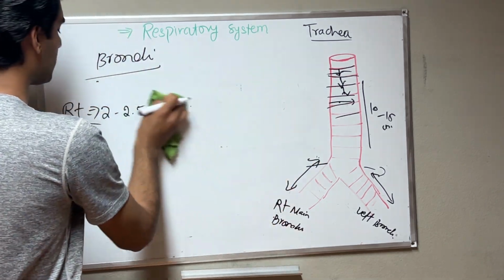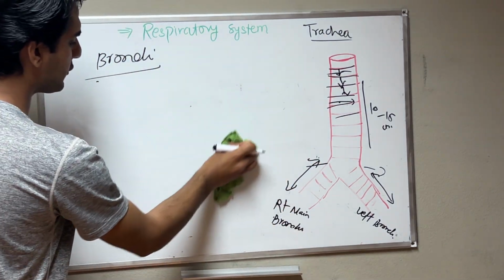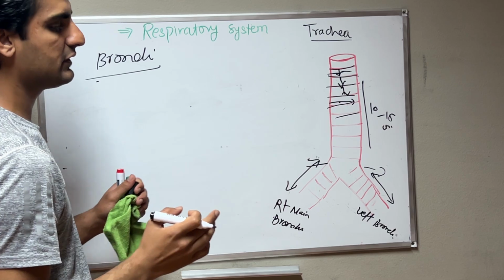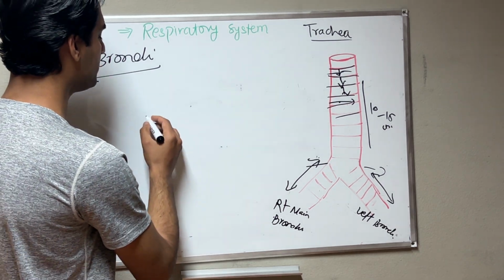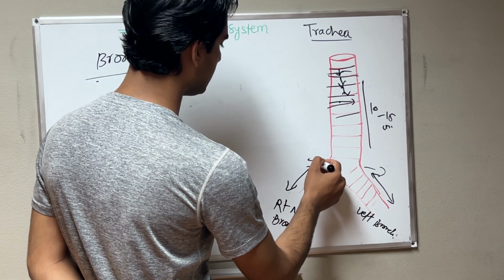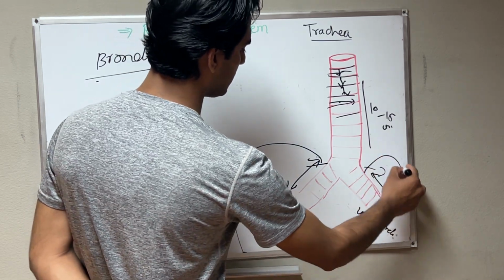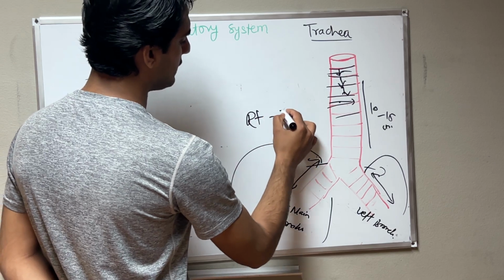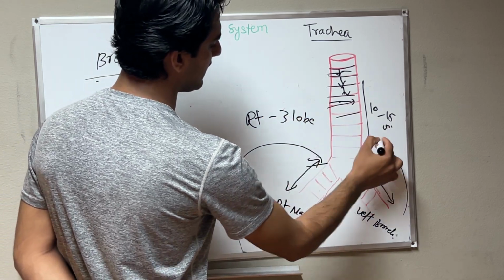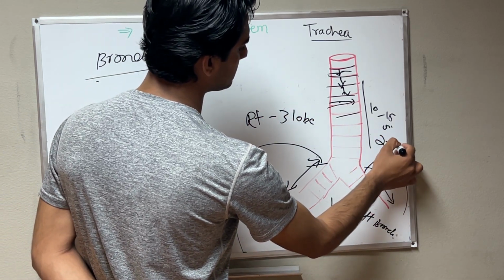Now, regarding the right and left main bronchus, if you note the right and left lungs, the right lung has 3 lobes and the left has 2 lobes.